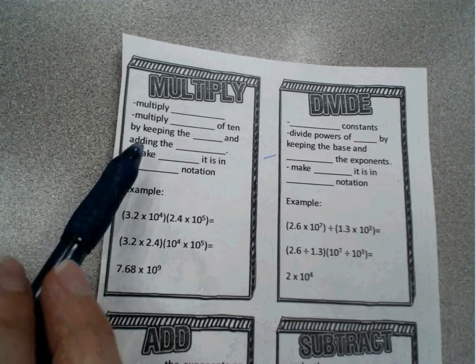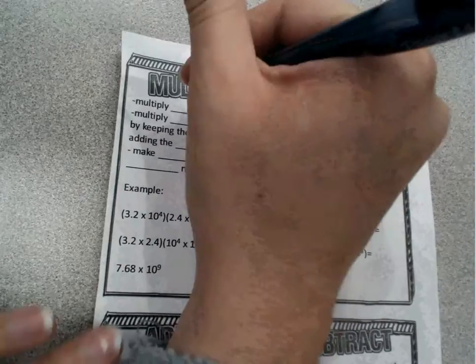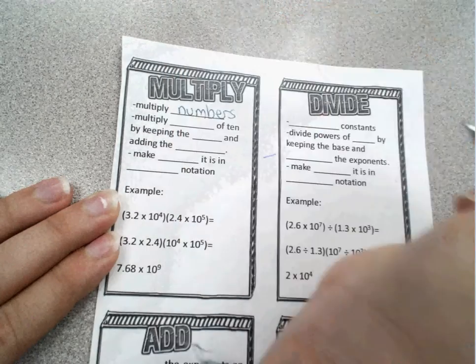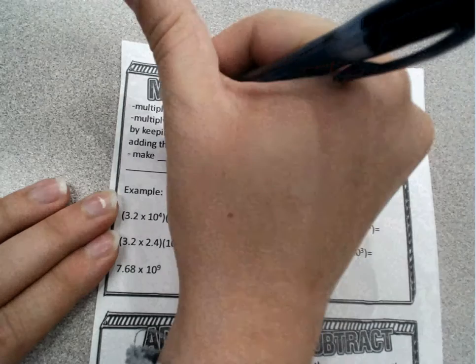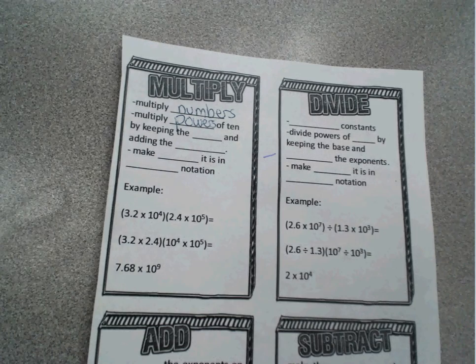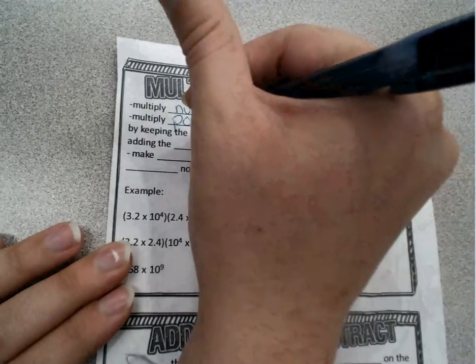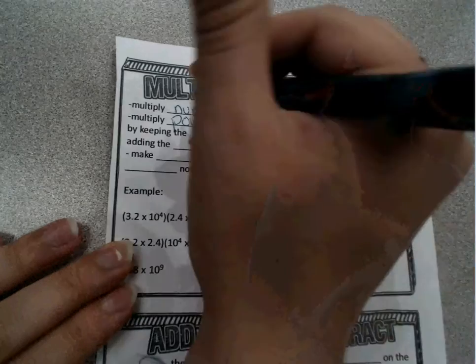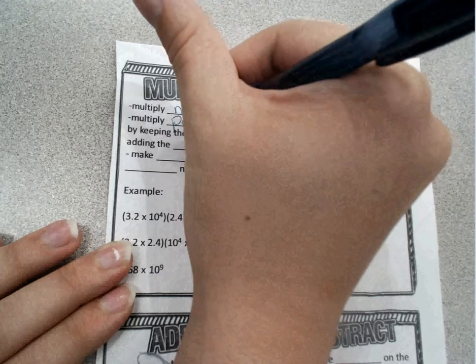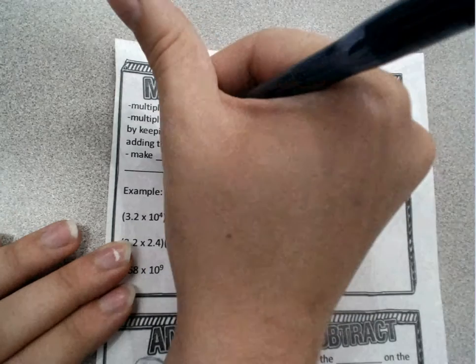So if we start with multiplying, all we do is multiply the numbers, the decimals, and then multiply the powers of 10 just by using your exponent rules. Remember, when we multiply with exponents, we keep the base and add the exponents. Same thing with scientific notation.